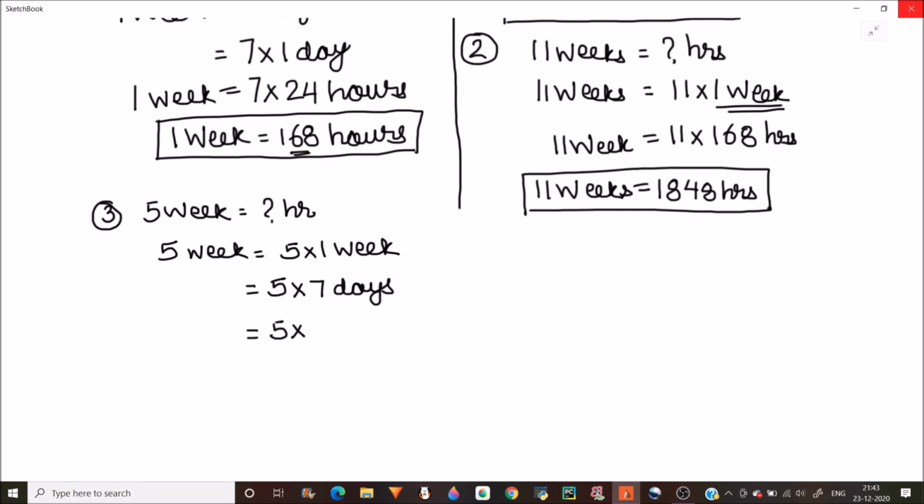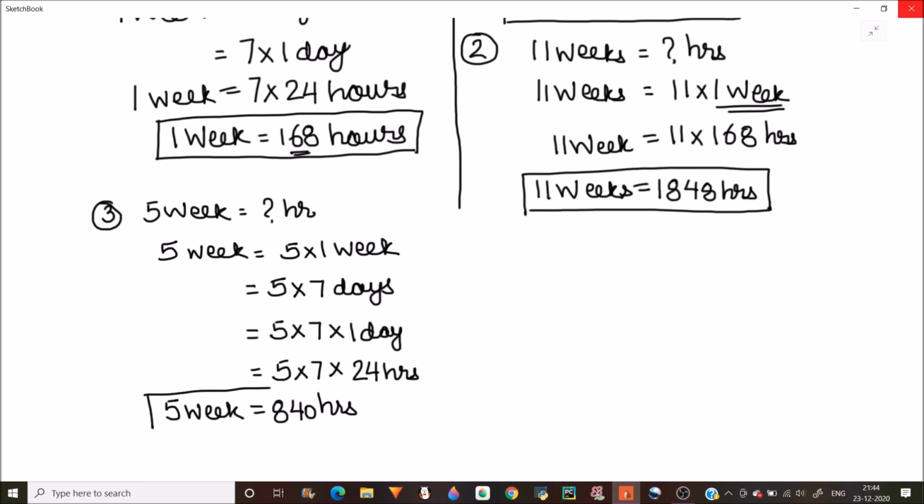So this will become 5 times 7 days, and we can write 1 day as 24 hours, because we need to find how many hours. So we need to convert this unit to hours. So this will become 5 times 7 times 24 hours, which comes out to be 840 hours. So 5 weeks is equal to 840 hours. This is our final answer.